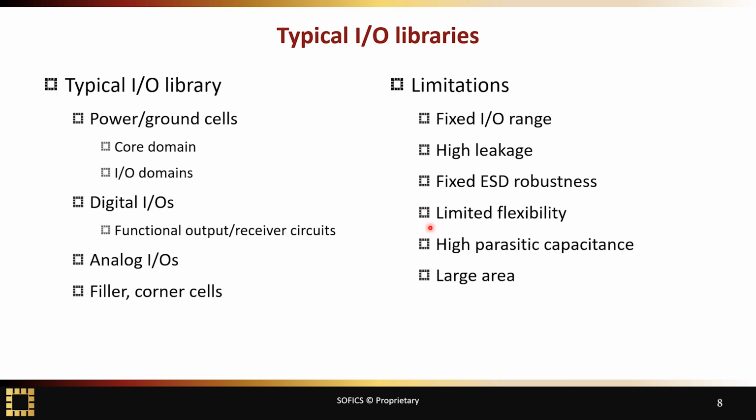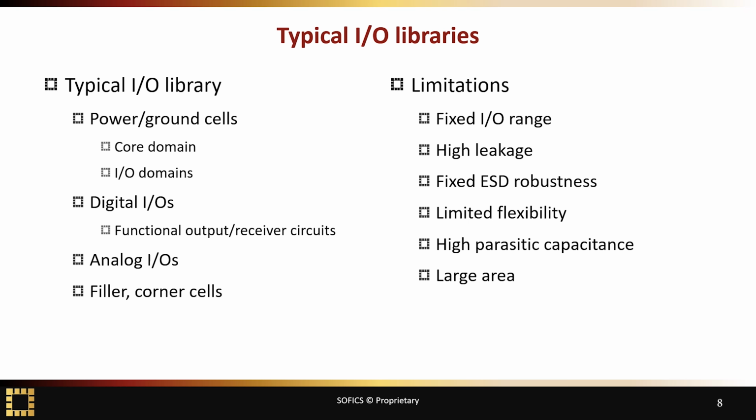For instance, if you have requirements for an over-voltage tolerant interface, that's not always possible in the standard I/Os. If you are designing high-speed interfaces, then the parasitic capacitance of those foundry I/Os can be too high. And in total, following all of the rules, it can result in quite a large area for all of these blocks together.